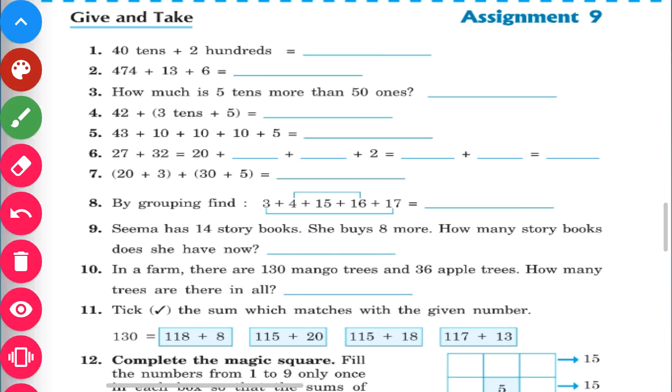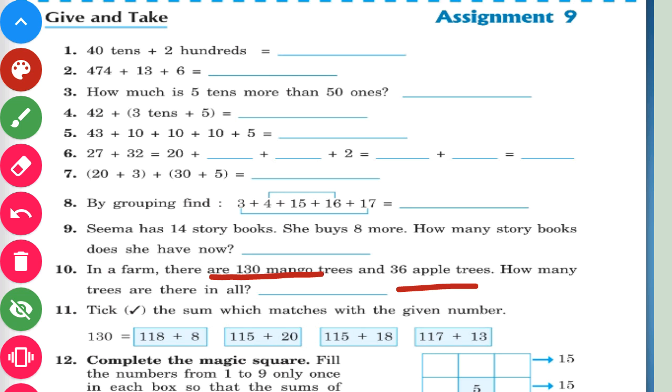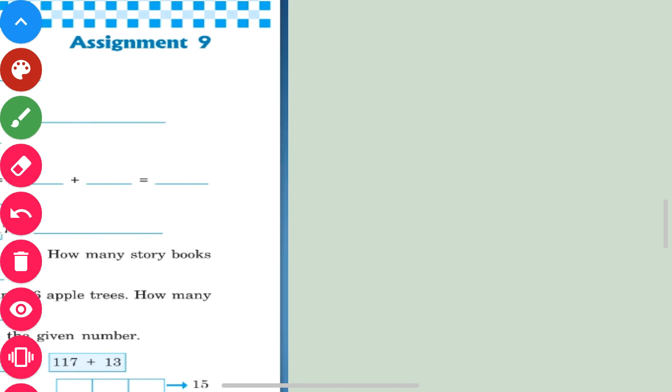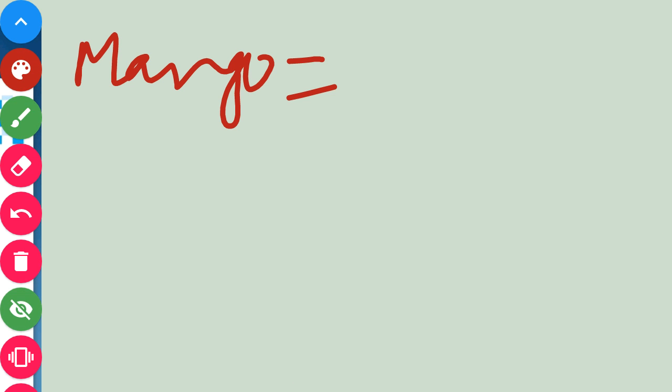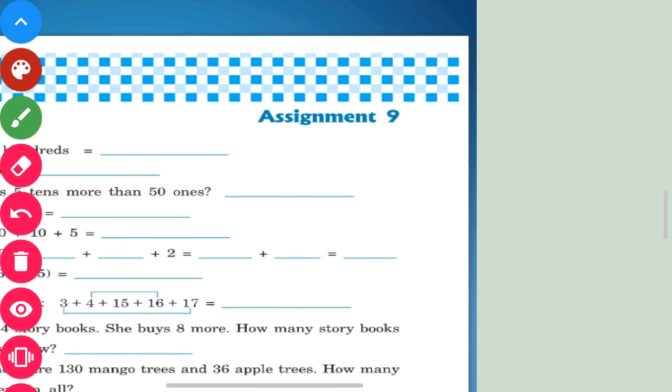So, in a farm, there are 130 mango trees and 36 apple trees. How many mango trees were there? 130 mango trees. And how many apple trees? 36 apple trees.